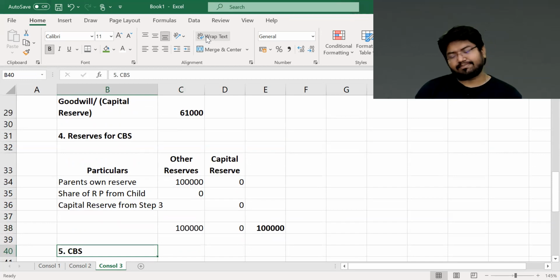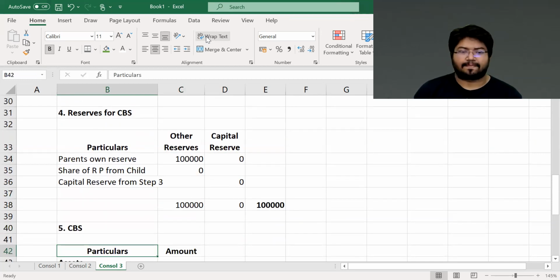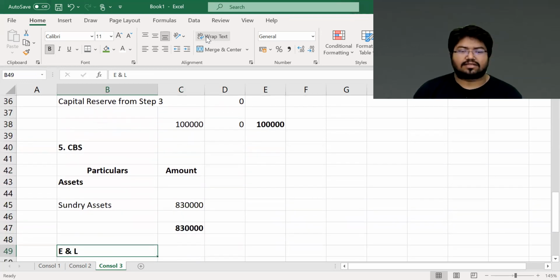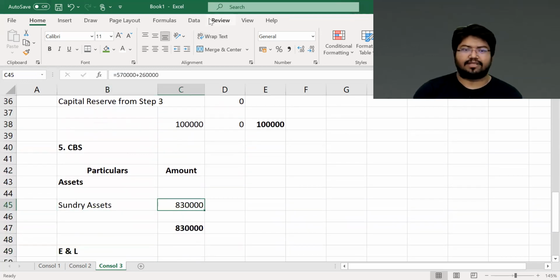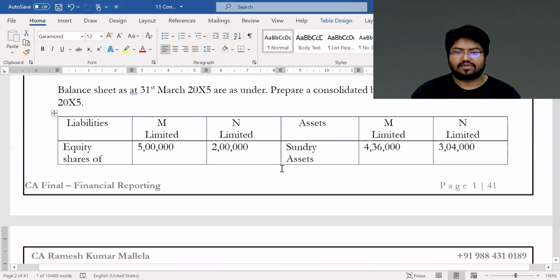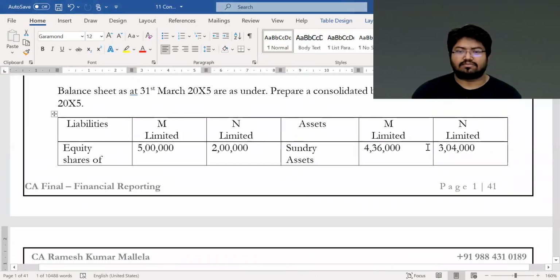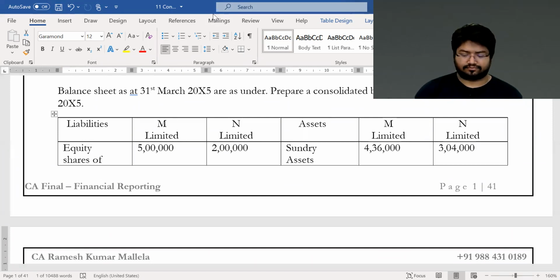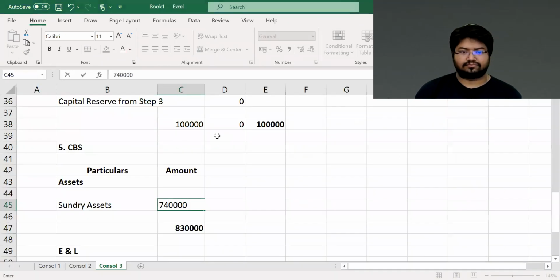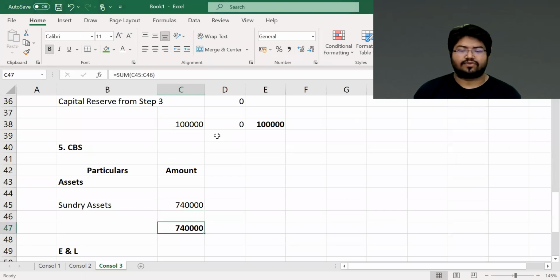Then last step, CBS, consolidated balance sheet. Sundry assets we are supposed to take from both the companies. It is 4,36,000 plus 3,04,000. It comes to 7,40,000. Apart from that, nothing else comes.